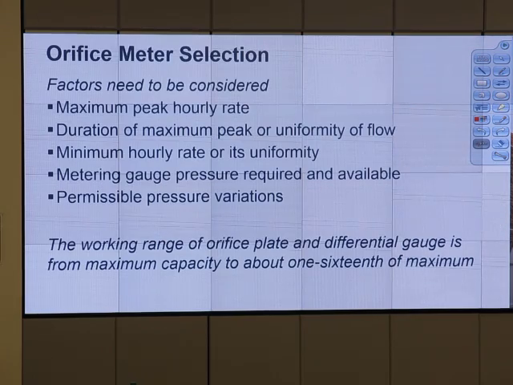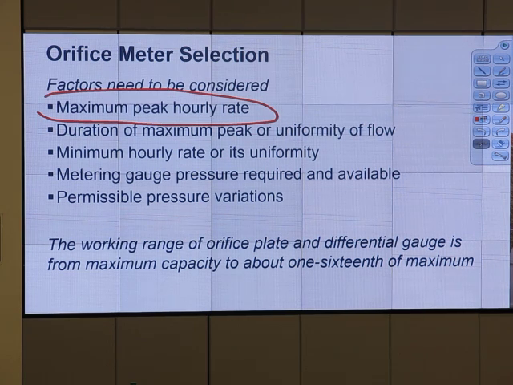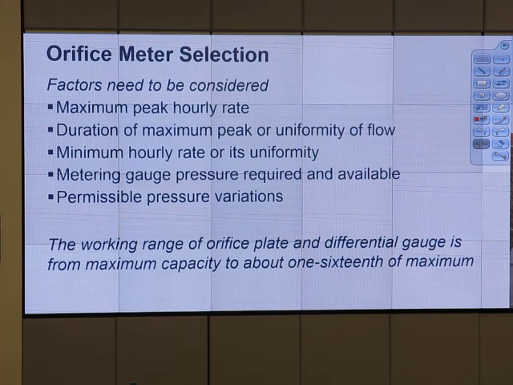So let's talk about orifice meter selection. How do we select the orifice? So, factors that need to be considered. Maximum peak hourly rate. What kind of peak hourly rate do you have? Do you sometimes have 10 million standard cubic feet per day, or do you always have just 1 million standard cubic feet?